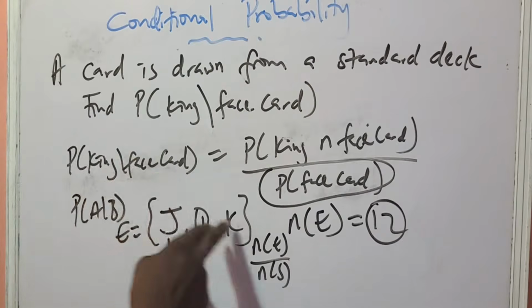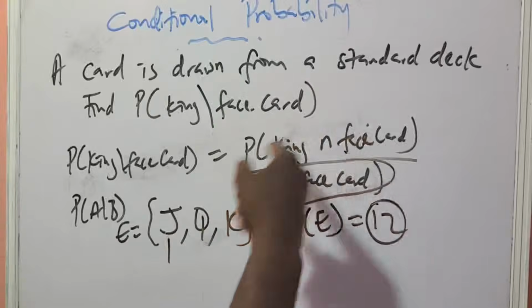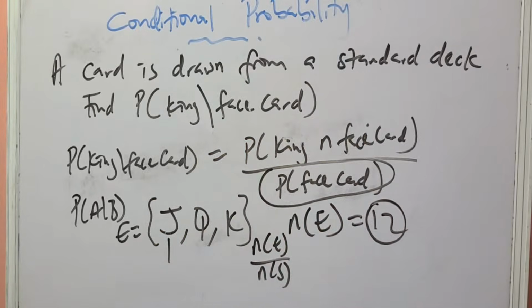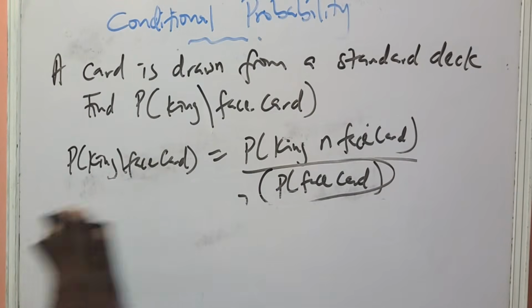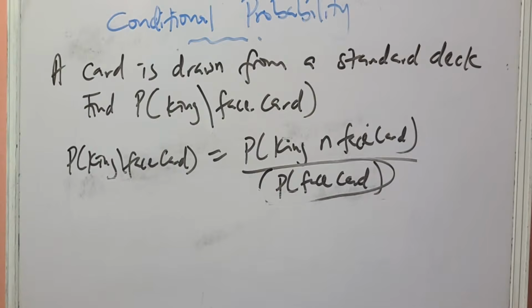Now, the next thing to look at: we have king, we have face card. Please, guys, what's the intersection? Can anybody tell me what this numerator will be in this case? We have identified the denominator as 12 already. That will be the event space dealing with face cards.